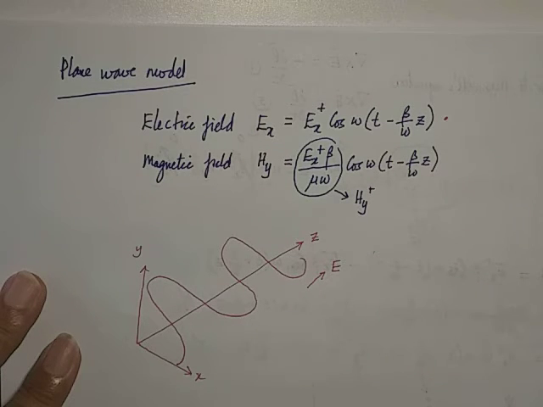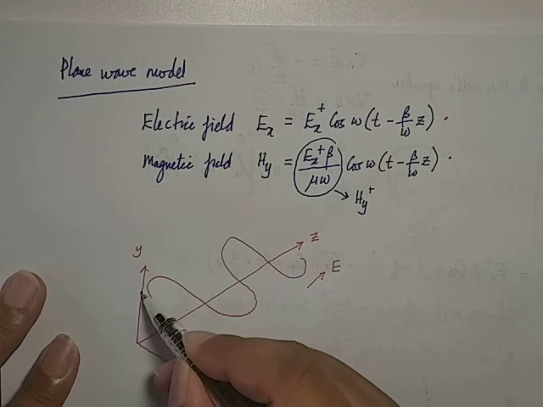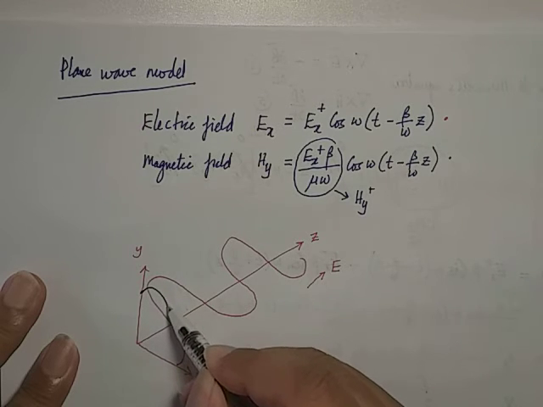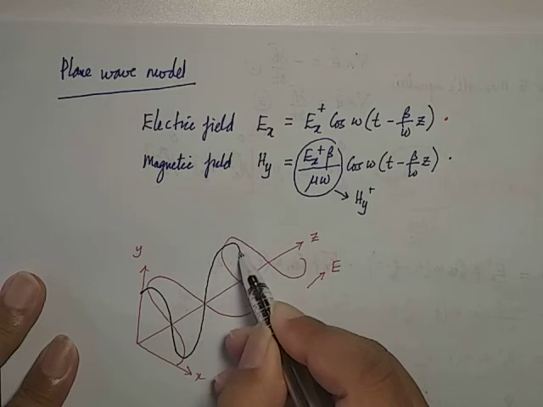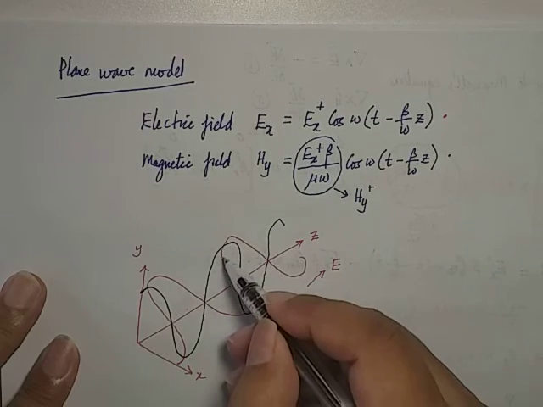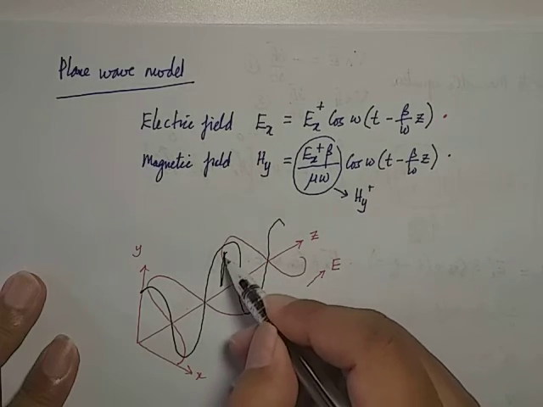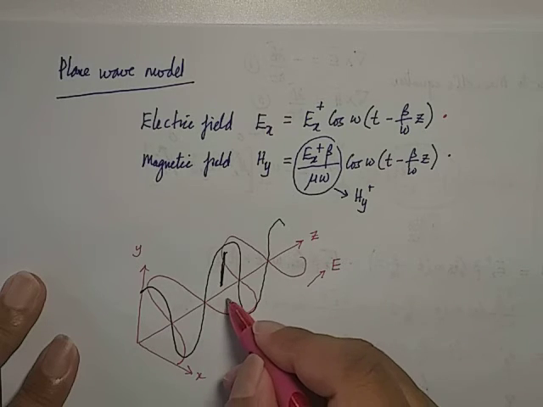At the same time, we observe the corresponding magnetic field. The magnetic field is along the Y now, so it's going to be a vertical component. I'm going to make it vertical like this, and for the E, horizontal like this.